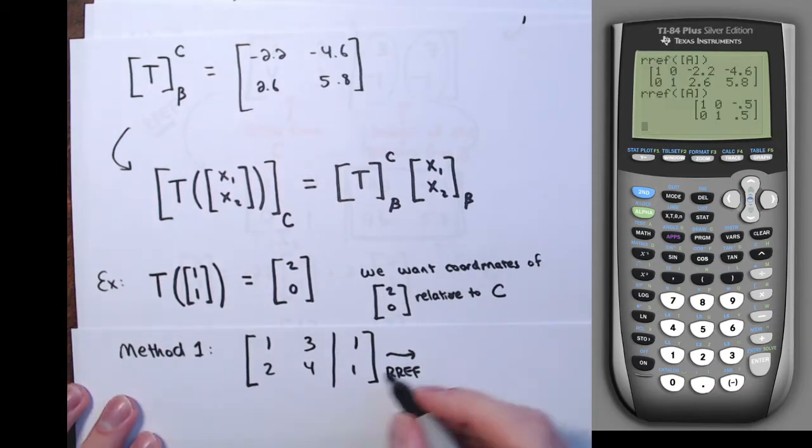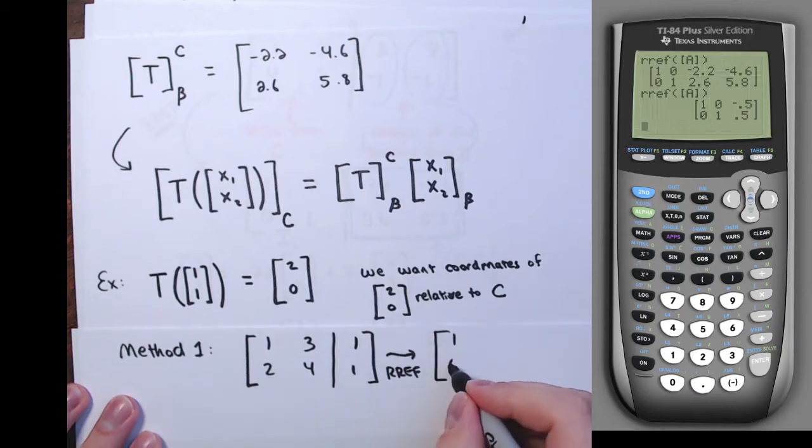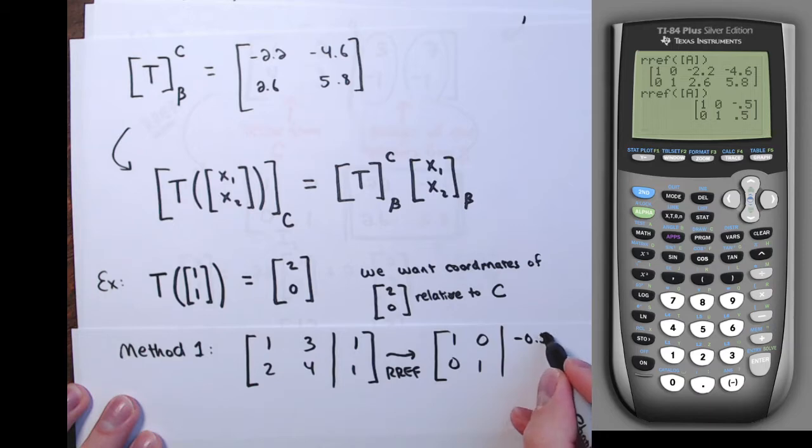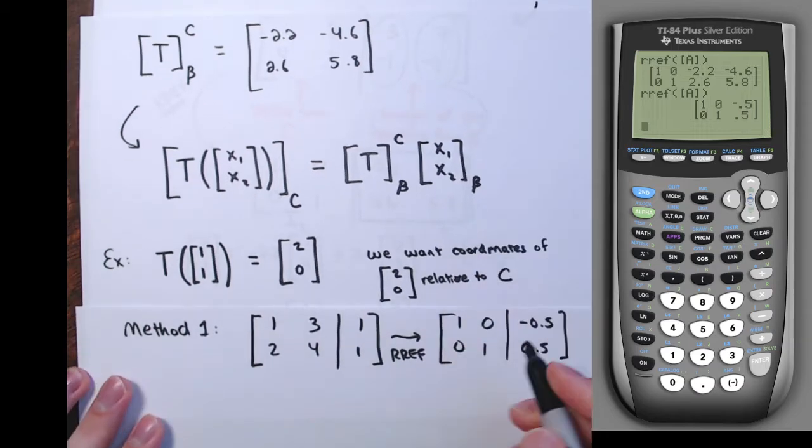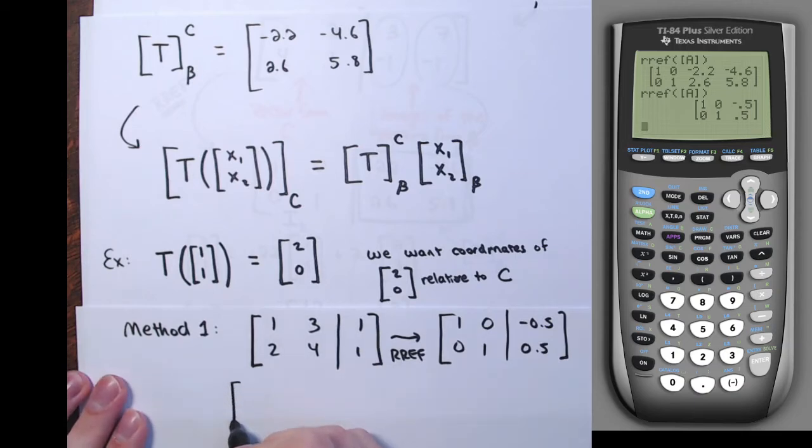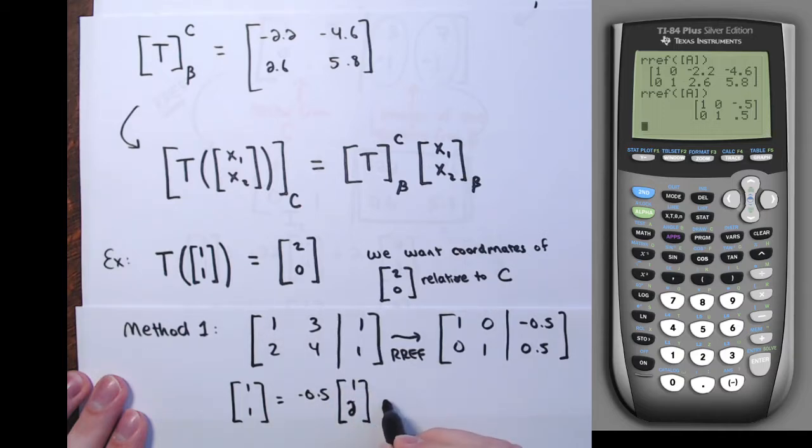So in reduced row echelon form, this is the matrix. All this is telling me is that 1, 1 is negative half times that first vector from B plus positive half times the second vector from B. And you can double check that.